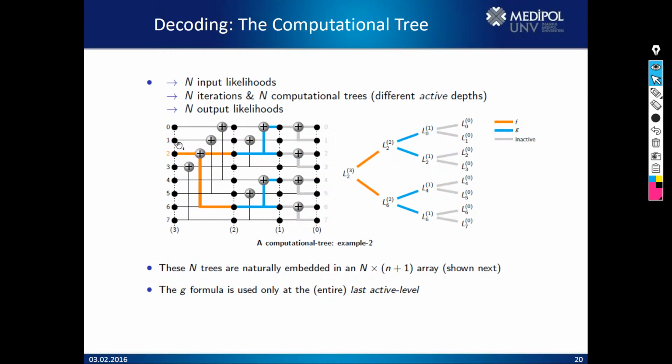When you receive your data, the one in orange is the f function, and the one in blue is the g function, and the others are inactive. Based on the incoming information bits and likelihoods you calculate, certain branches are activated in the circuit, and you keep passing over this. This is like a program.